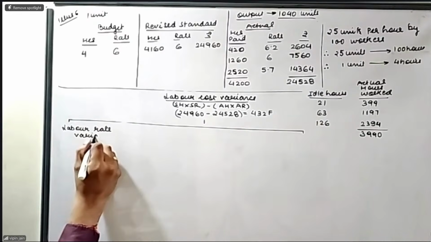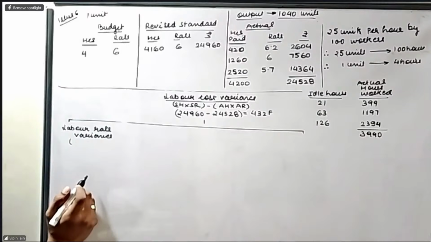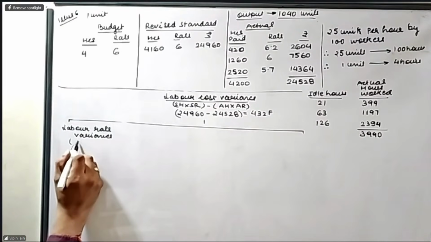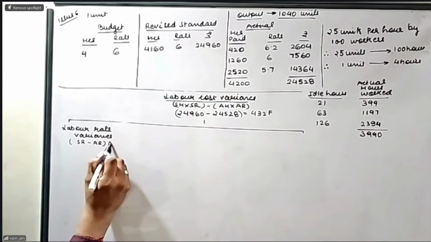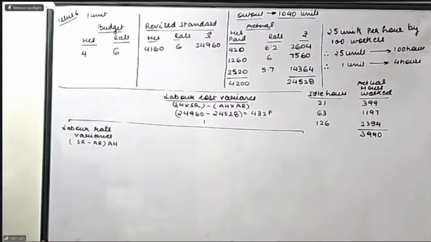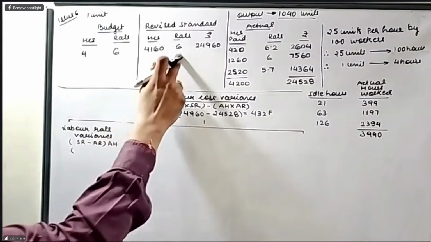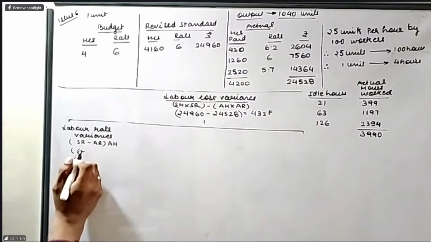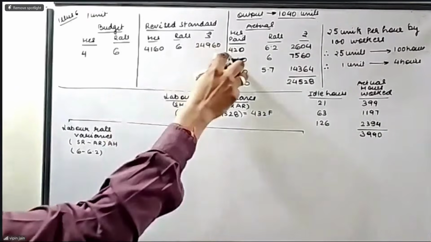Just go with the same pattern I have discussed. So what will be the formula, Mehak? Sir, standard rate minus actual rate into actual hours. Labor, so it will be hours, right? Yes. What is the standard rate? Standard rate is 6 minus 6.2 into 420.